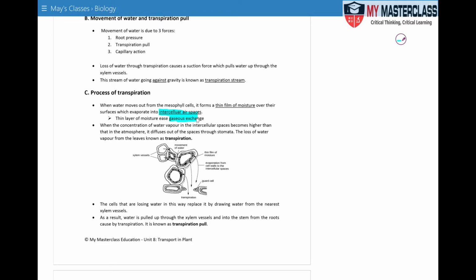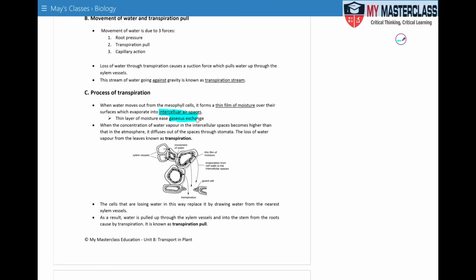This is also similar in the lungs, where we have air spaces to enable a smoother gaseous exchange. So when the concentration of water vapor in the cells is much higher than the surroundings, water will leave the leaves via transpiration into the surroundings.